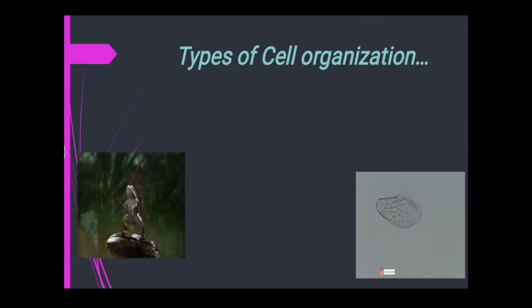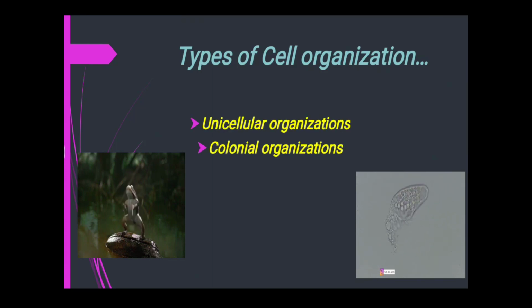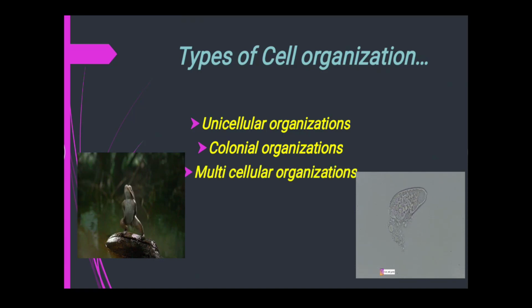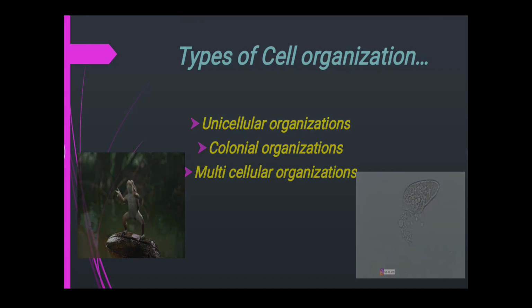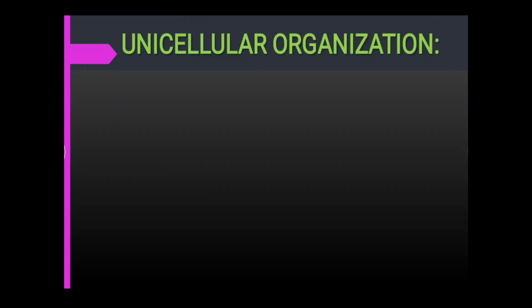Now students, types of cell organization. Students, there are 3 types of cell organization: unicellular organization, colonial organization, and multicellular organization. First of all, unicellular organization.